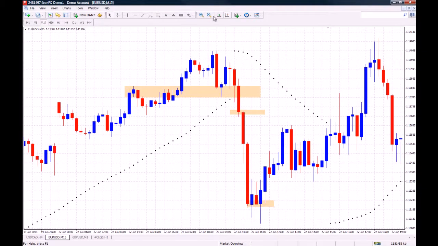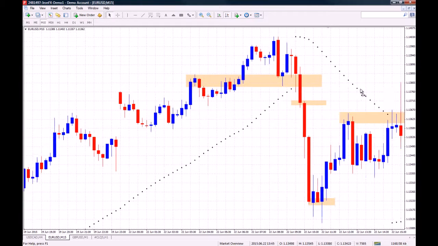Okay, and you can see that we have a very strong move to the downside, and then we have what seems to be a break of the parabolic SAR right here. Okay, now the thing about this is that you can see that we have one, two, and a third candle that clearly rejects this area of resistance, and the parabolic SAR breakout.